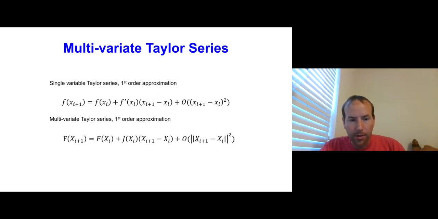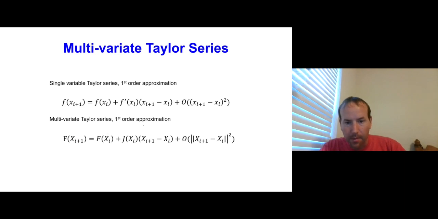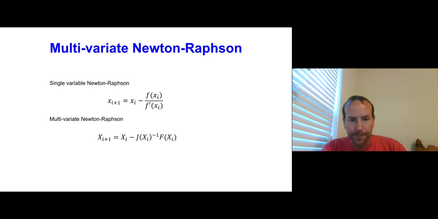It turns out that you can also do multivariate Taylor series approximations, and the formula is basically the same: the function at x at i plus 1 is given by the current value plus the Jacobian times this distance. So basically, our simple derivative is being replaced by a Jacobian, but otherwise the form is basically the same. And because of that, our Newton-Raphson formula is going to look very much the same.